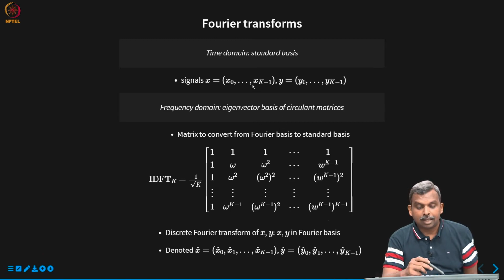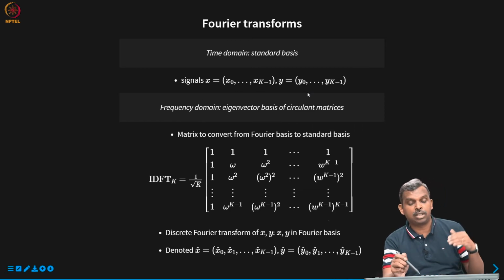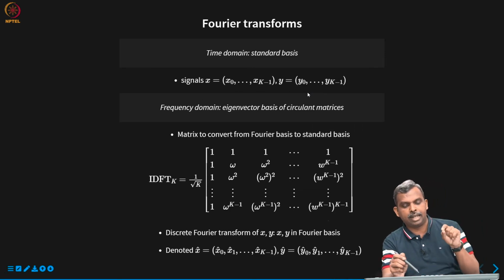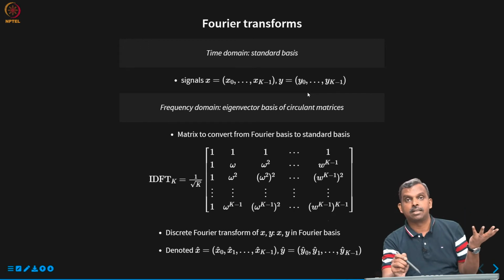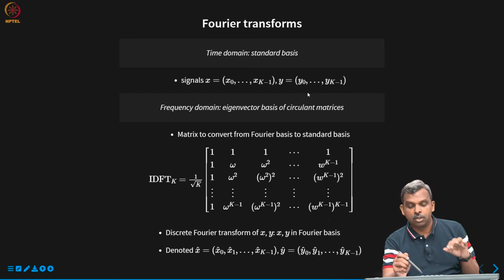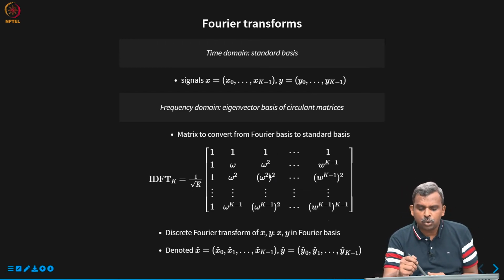Okay, and that leads to this frequency domain representation for signals. Instead of thinking of the signals as x0, x1, xk, etc., you change coordinates. You change basis. Change basis to what? The eigenbasis of the circulant matrix. Okay, this has tremendous advantages in describing what the LTI system is going to do. We'll see that soon enough. But how do you do that? It's easy to see.